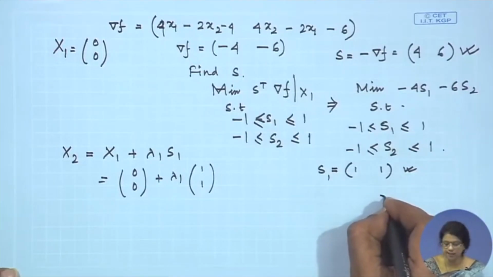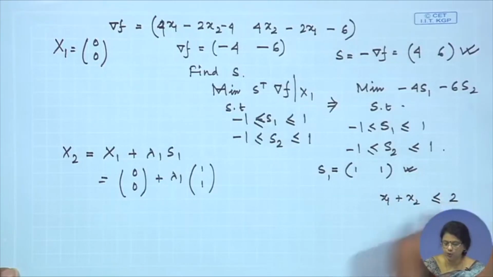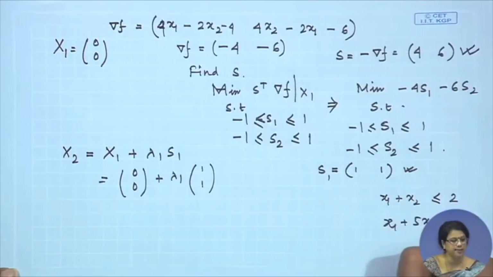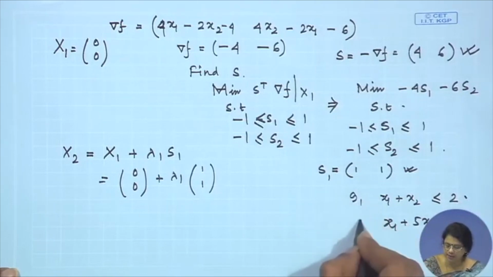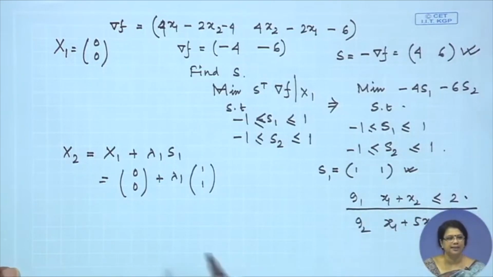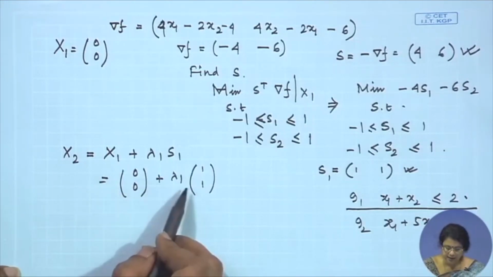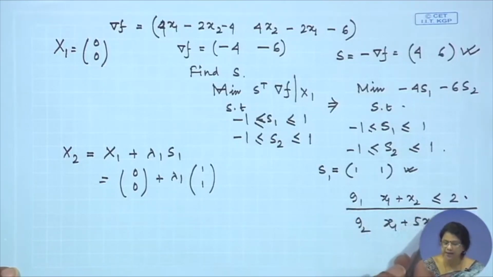My constraints are x1 plus x2 less than or equal to 2, x1 plus 5 x2 less than or equal to 5. This is G1, this is G2. If I want to remain in G1, then you see I have to take the value for lambda 1 as 1, then G1 at x1 will be equal to 2.